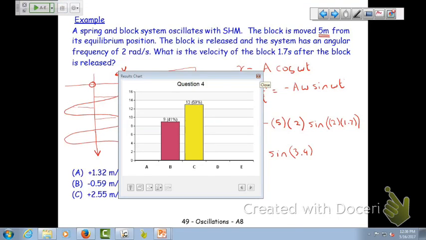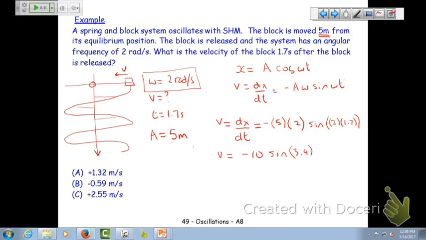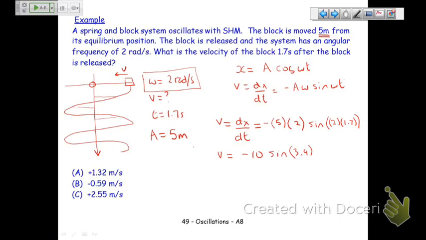I'd like you to look at your calculator and see which mode you are in. Got to be in radians. So the correct answer is 2.55. If you got minus 0.59, I suspect you're in degrees. So watch out.